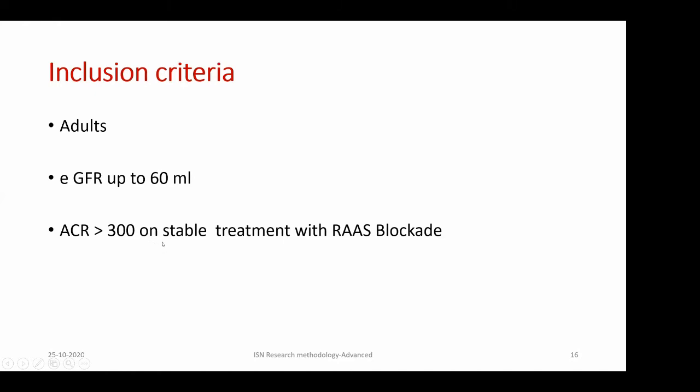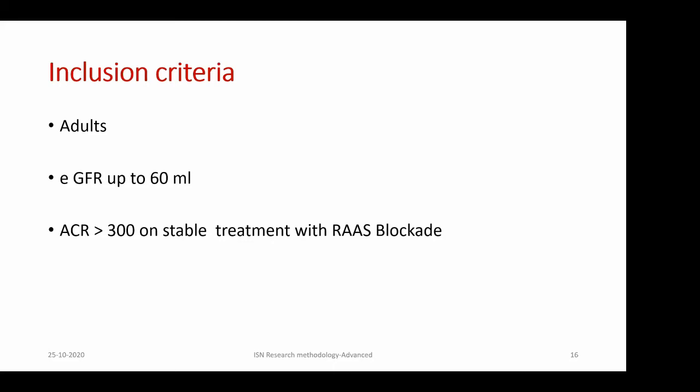These people should be not on escalating or de-escalating treatment, because we know that once we change the RAS blockade, it might take a couple of months for the proteinuria to stabilize. So here you can define what is a stable treatment. I would leave it up to the principal investigator, say 3 months, 6 months or 1 year, whatever is feasible in your clinical scenario you can choose, but you need to ensure that there won't be any escalation or de-escalation of therapy.